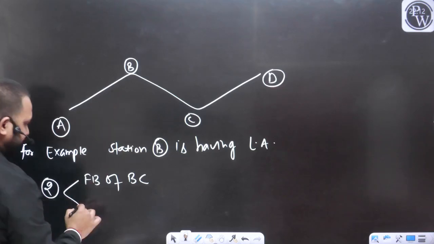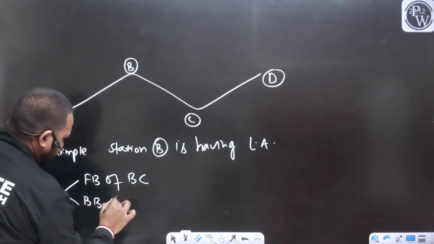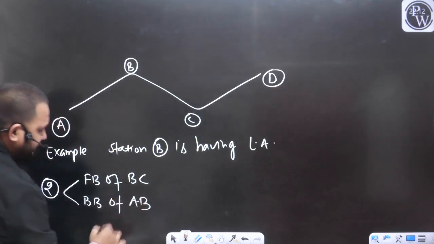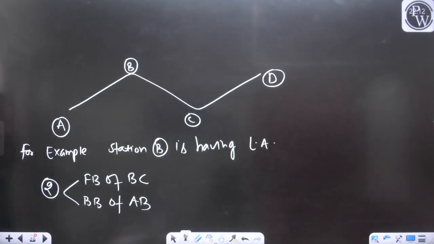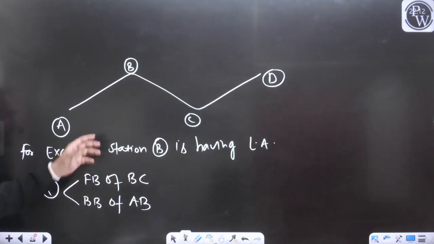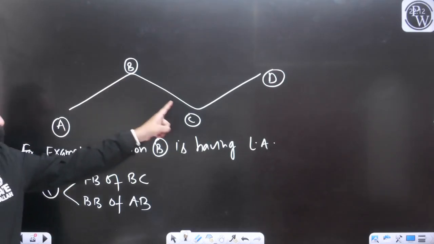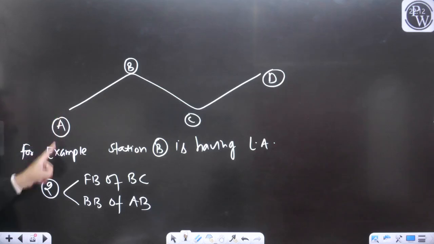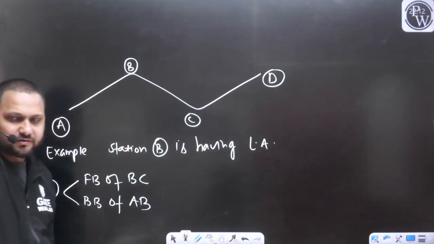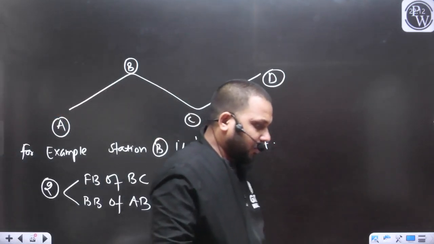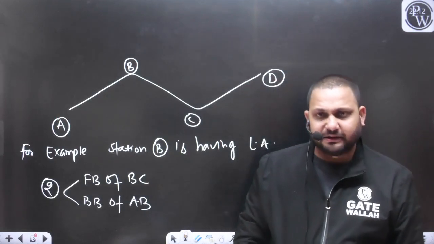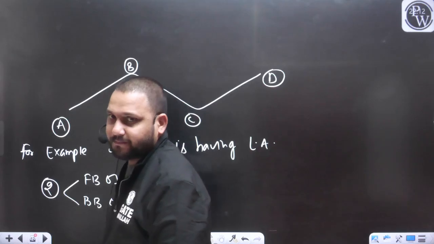From station B, we will measure the back bearing of the line AB. These are the two readings that we are going to take from station B: the fore bearing of the next line and the back bearing of the previous line.